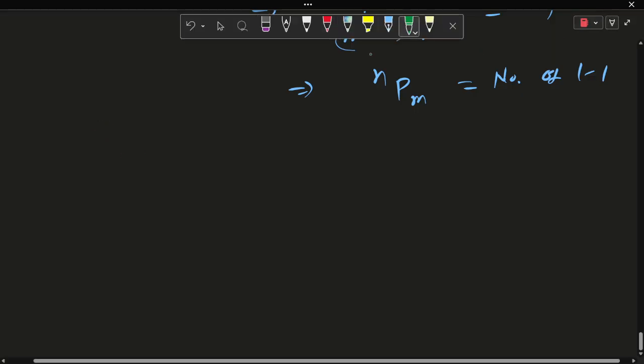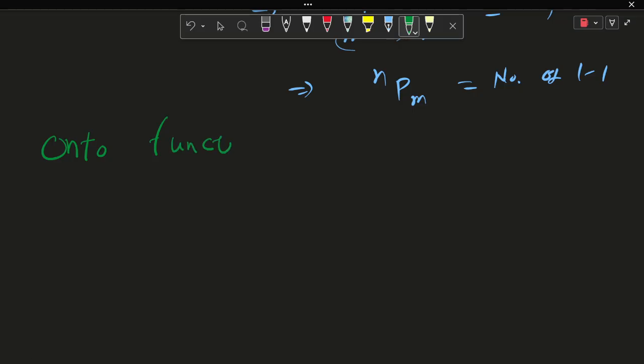Onto function. The other name for onto function is surjective map, or surjective function. The names are similar, the same name.